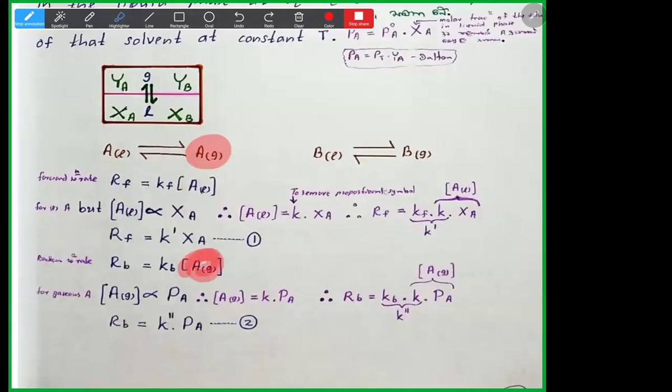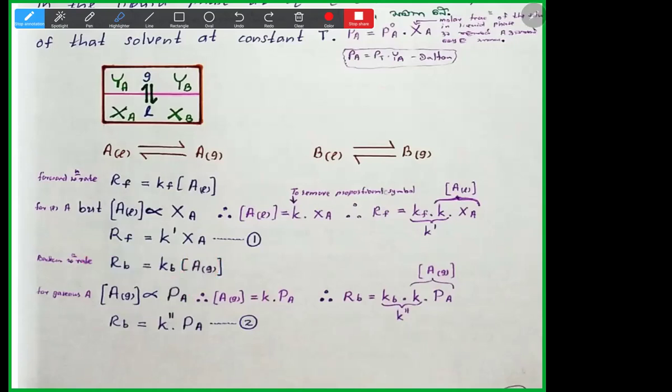So you can write the A gas concentration with respect to, Donnie, have you done 11? Yeah, finish. So the backward reaction rate equals a rate constant into the A gas concentration. But we are not counting A gas concentration, because A is a gas. With gases, we go with the pressures.